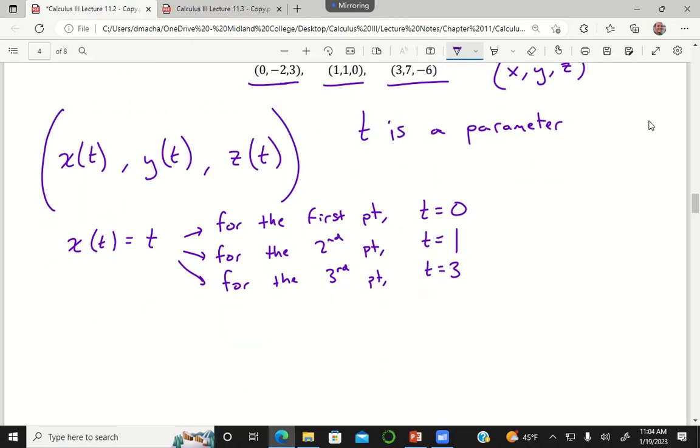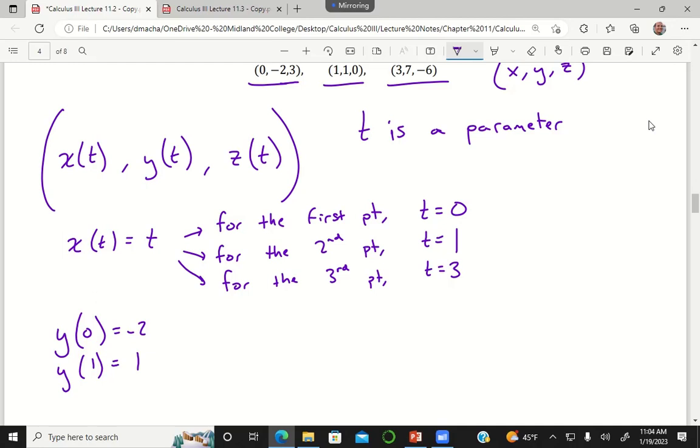Okay. So then what I need for my y coordinate is so that when y is evaluated at 0, I get -2, because that's the y coordinate for the first point. And then whenever I take my y function and I evaluate that at 1, I need the y coordinate to be +1, because that's the y coordinate of my second point up there.